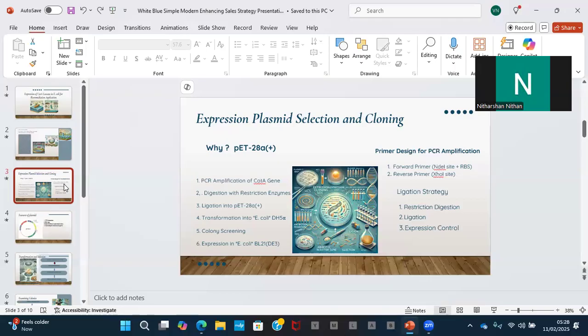The digested CotA fragment is ligated into the MCS of pET28a plus, ensuring correct orientation. Successful ligation ensures CotA is under the control of the T7 promoter for high level expression in E. coli.